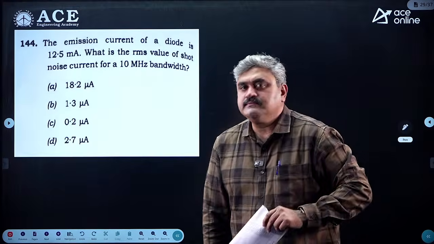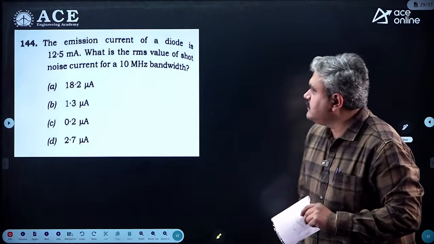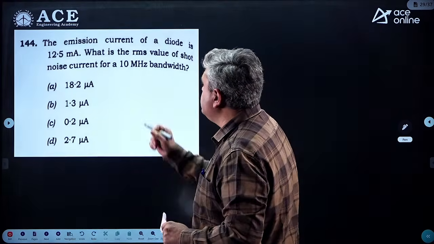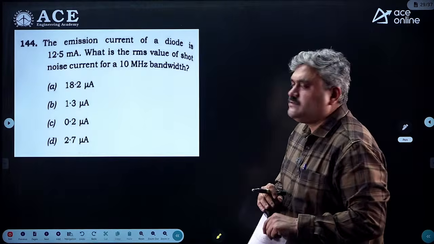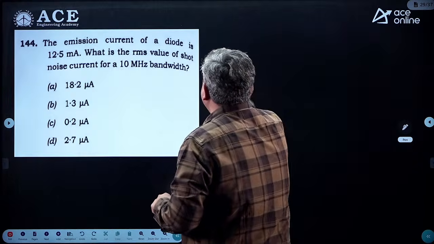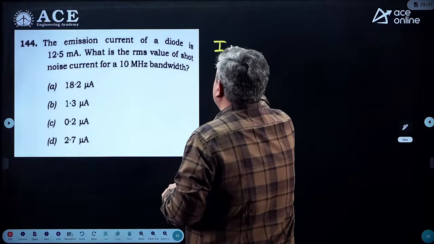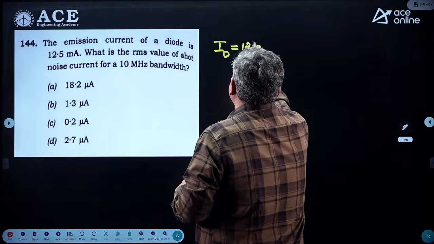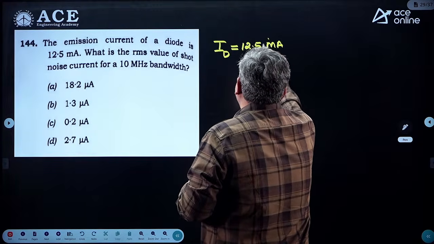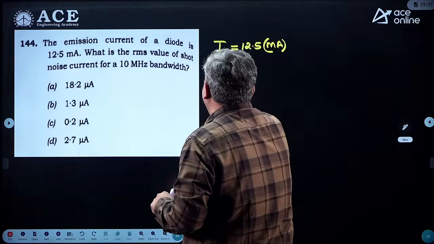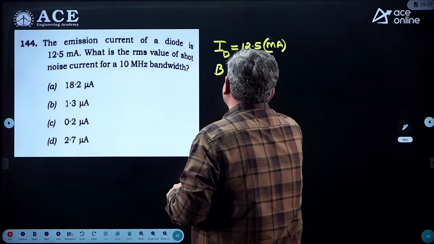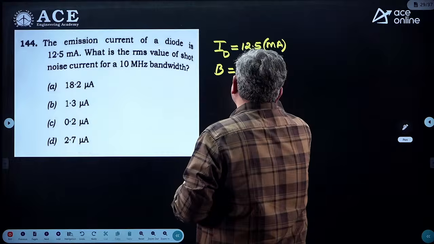Is my voice clear? Yeah. Sorry for the delay, a small technical glitch has happened. So, here the data is given to you, the current on a diode is given as 12.5 milliamps, and you are also given the bandwidth which is 10 megahertz, that means 10 power 7 hertz.